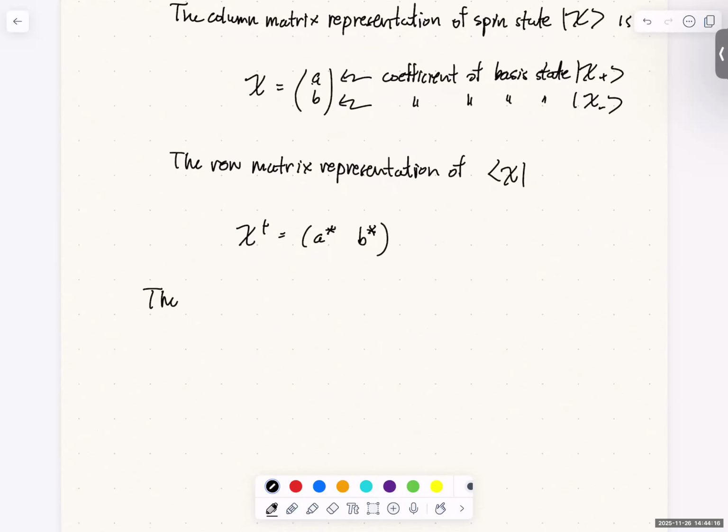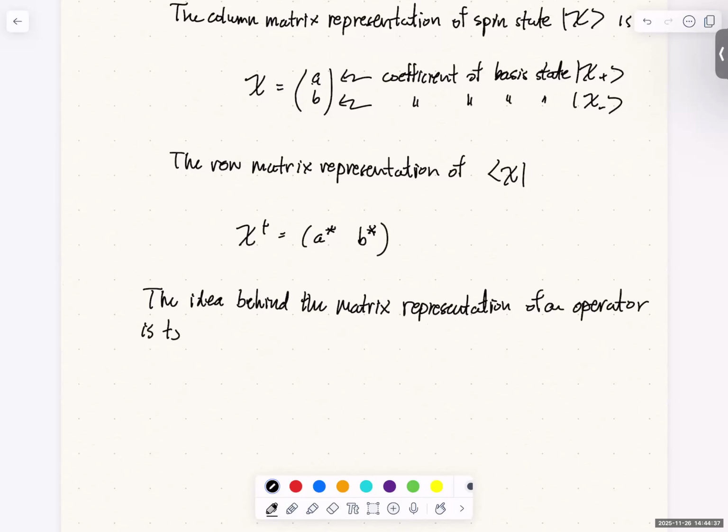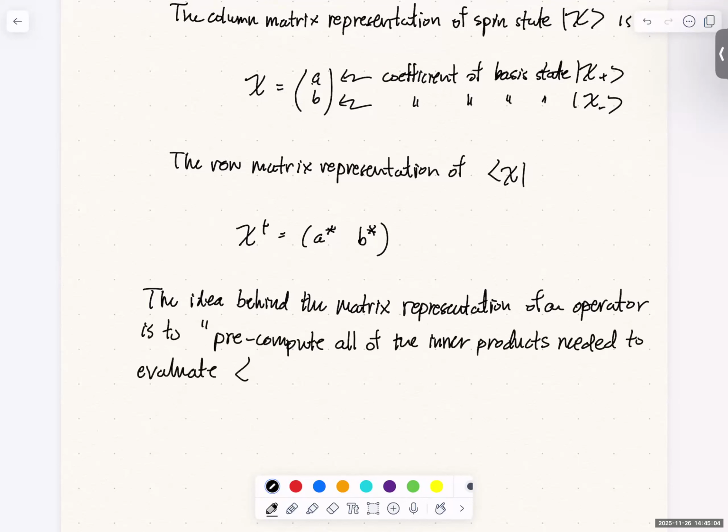So the idea behind the matrix representation of an operator is to, and this is how I like to think of it, so you can decide if it helps you, we're going to try to pre-compute all of the inner products needed to evaluate s squared.